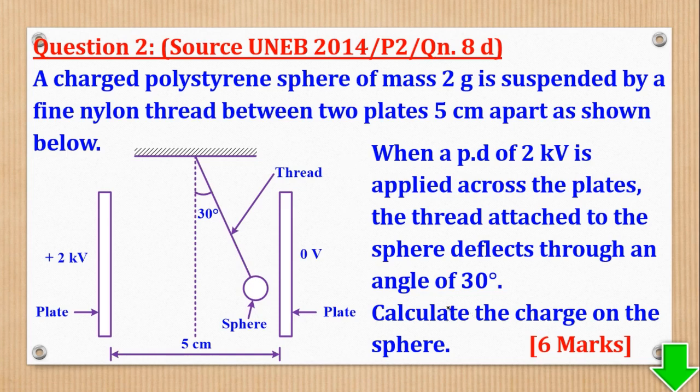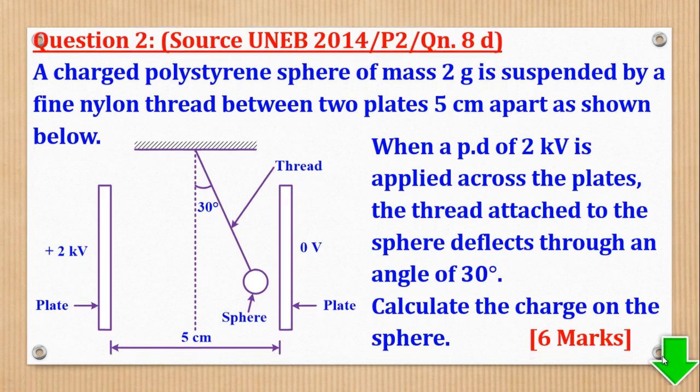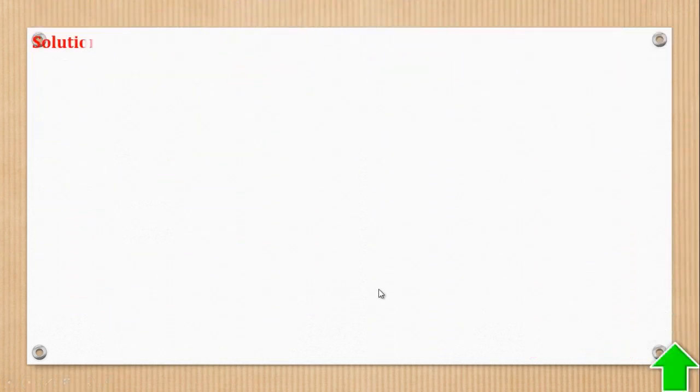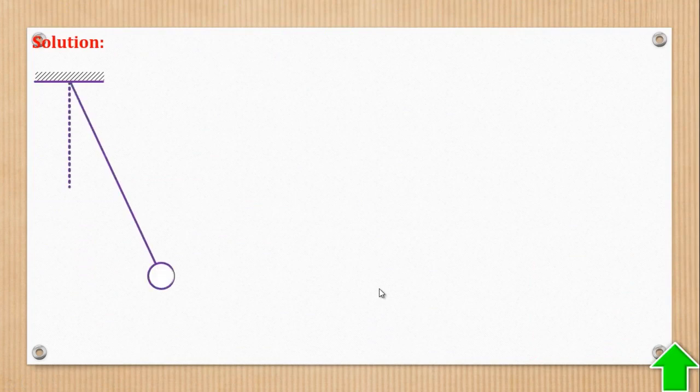So to calculate the charge on the sphere, we shall have to first redraw and then show the forces acting on that sphere. So we shall redraw the sphere and show the forces acting on it. Okay, of course the first force will be the weight.